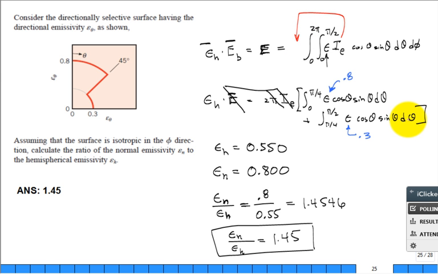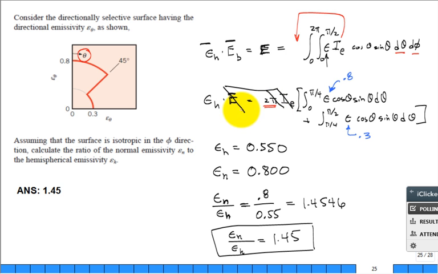And you're going to integrate with respect to theta and phi. Here's a cosine of theta and a sine of theta, so definitely you have to worry about that. And looking at epsilon, epsilon's a function of theta. But the phi you can do already, and so this 0 to 2 pi just ends up being 2 pi.